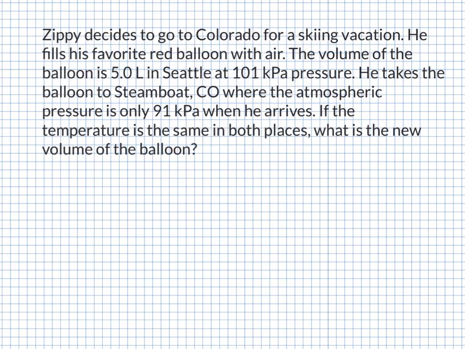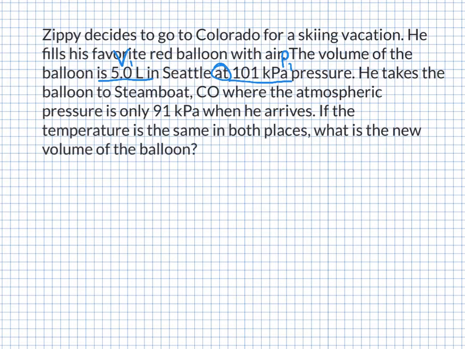So for a sample problem, this is the same one that's in your book. Phil's favorite red balloon. The volume of the balloon is 5 liters, so I'm going to call that V1. That's in Seattle at 101 kPa of pressure. I'm going to call that P1. And I know that these two things go together because it says this word, at. This volume at this pressure.